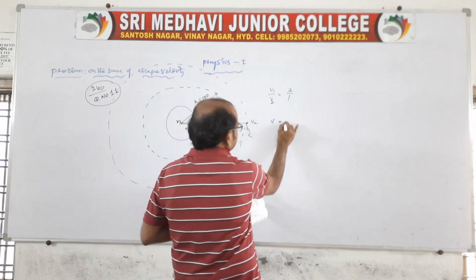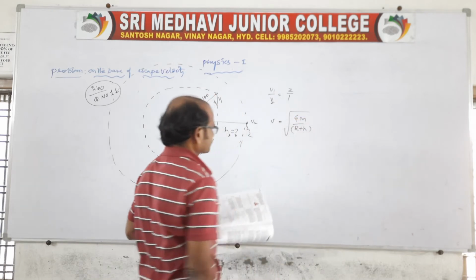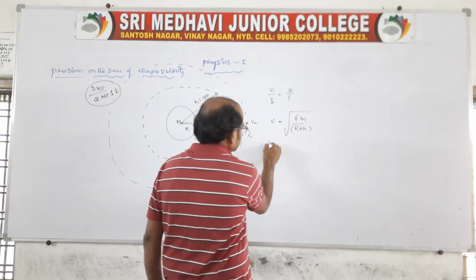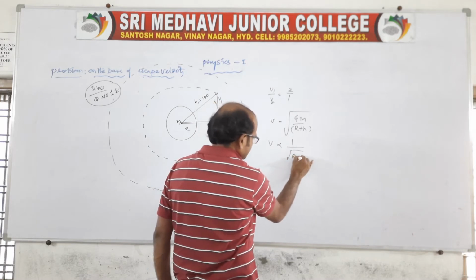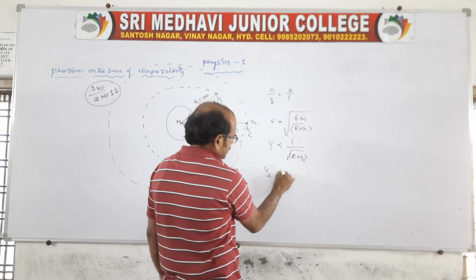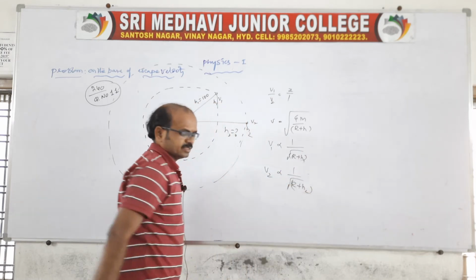Of course V is equal to root over G capital M by R plus H. So V is inversely proportional to root over R plus H. For V1 it is H1, and V2 is inversely proportional to root over R plus H2. Clear?